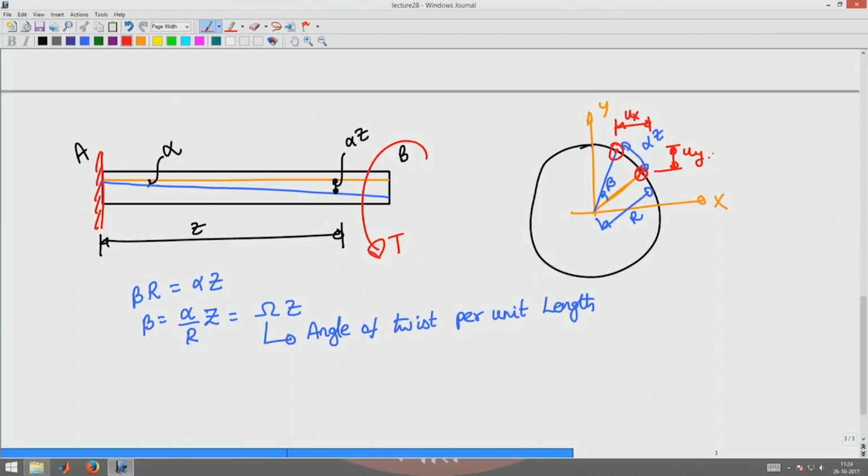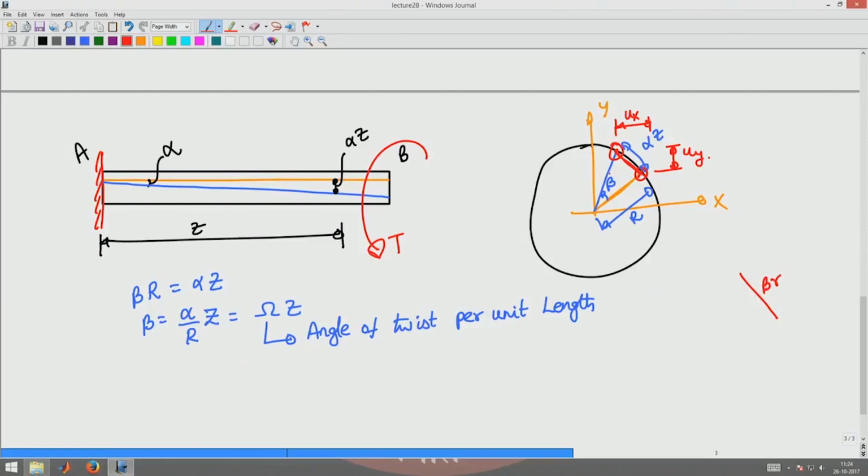Again, since beta is small, I wrote it as beta times r, which means this distance is beta times r. Any interior point, at some distance small r, would also displace by beta times r.